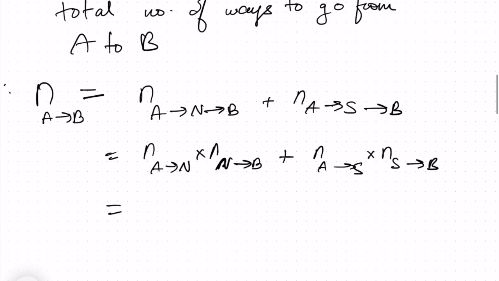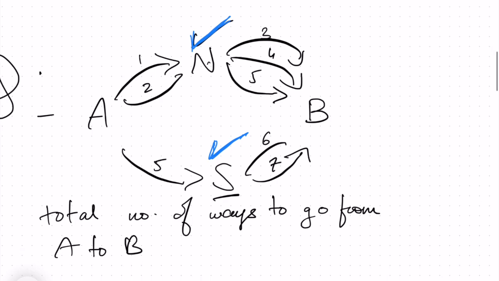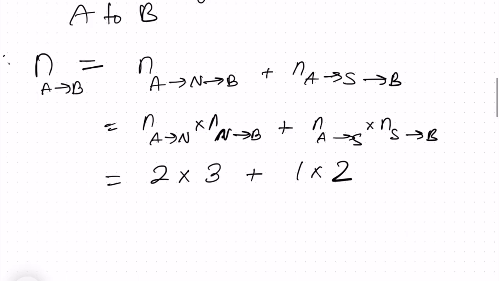So this is A to N, there's 2 ways, N to B 3 ways, A to S 1 way, and S to B 2 ways. So N A to N there's 2, and N to B there's 3, plus A to S 1 and S to B 2. So this is 6 plus 2 equals 8 ways.